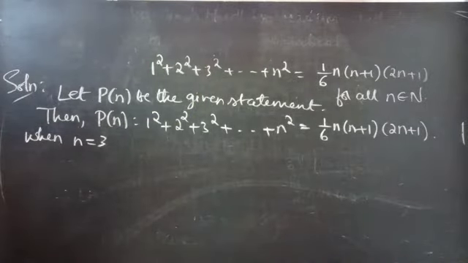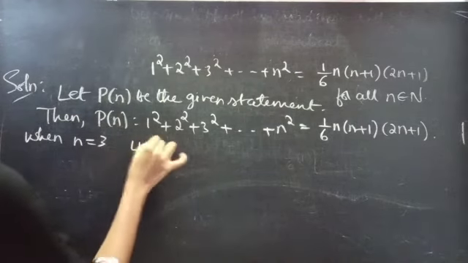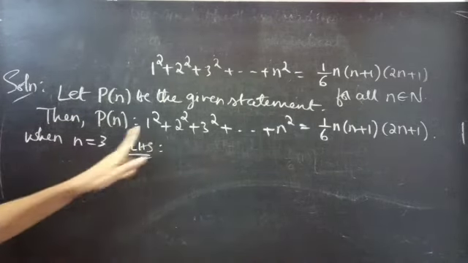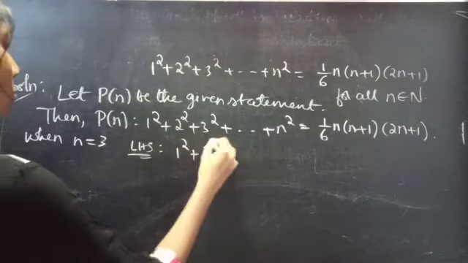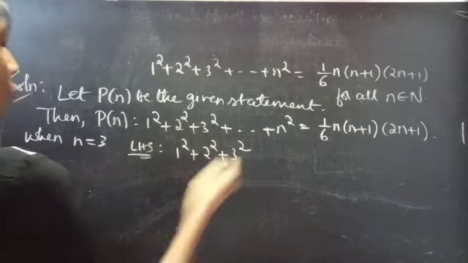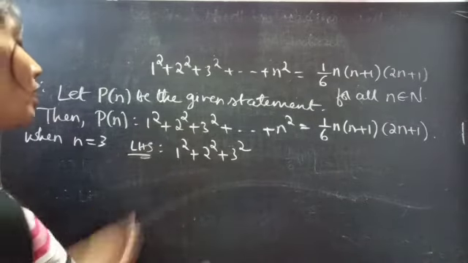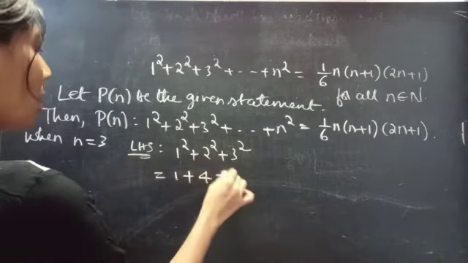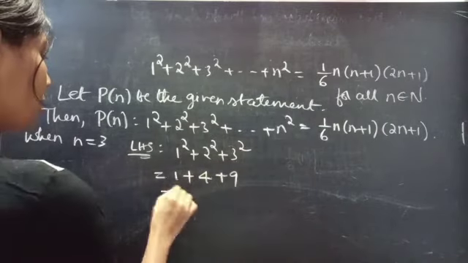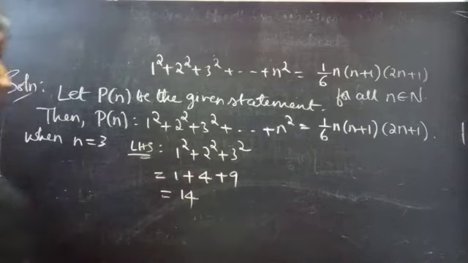Let's check for n equals 3. When n equals 3, you have to take the sum of the first 3 terms: 1 square plus 2 square plus 3 square. Considering LHS, the sum of the first 3 terms is 1 plus 2 square is 4 plus 3 square is 9. So 9 plus 1 is 10, 10 plus 4 is 14.